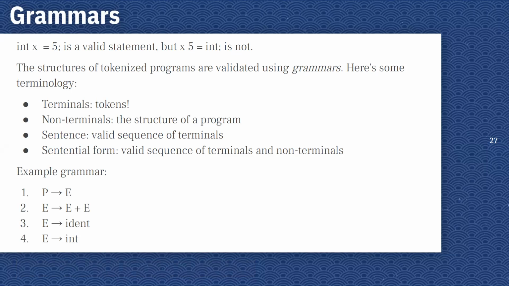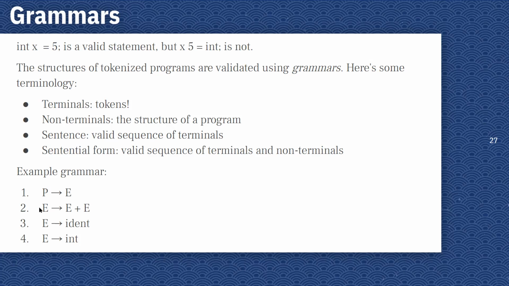Before we get to grammars, here's some terminology. Terminals are tokens, and non-terminals are the structure of a program. You'll see what this means in a bit. Sentences are valid sequences of terminals, and sentential forms are valid sequences of terminals and non-terminals.